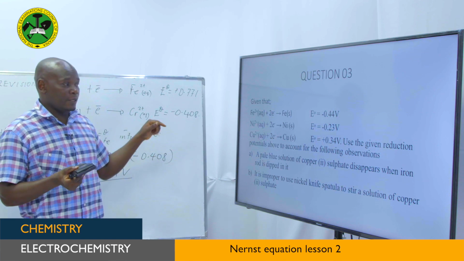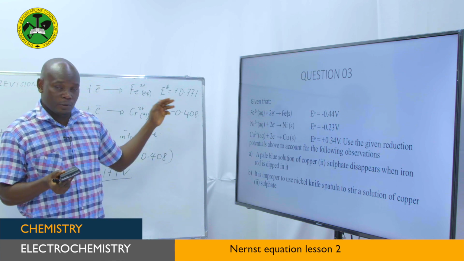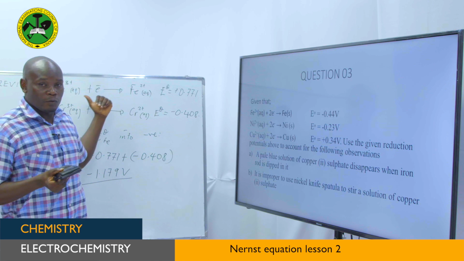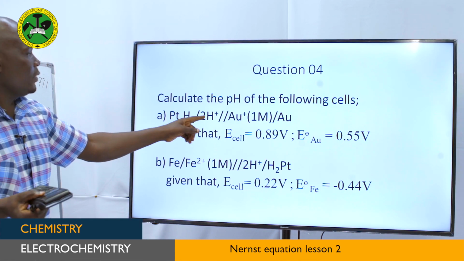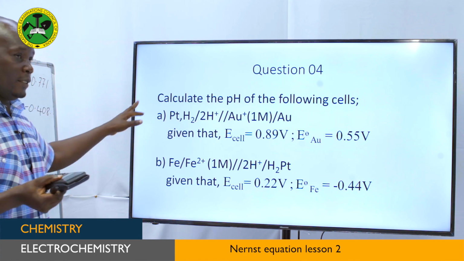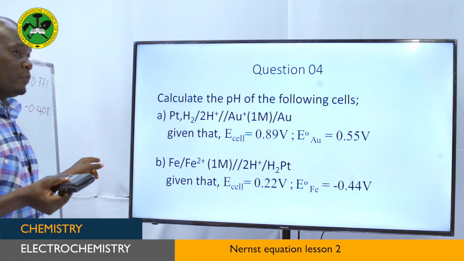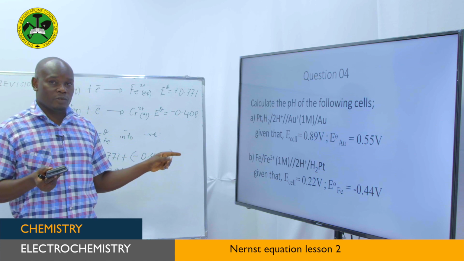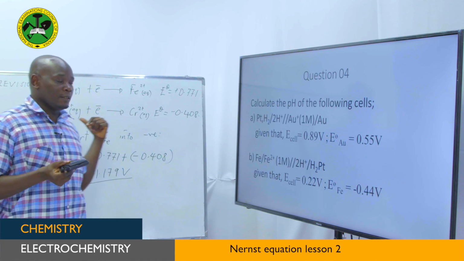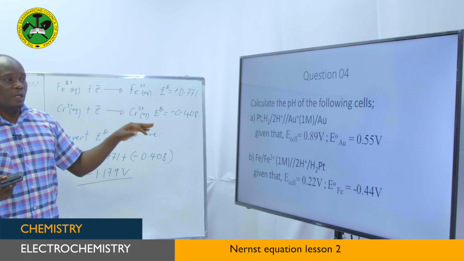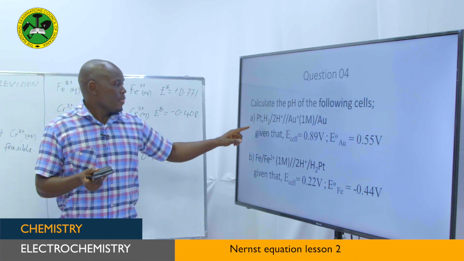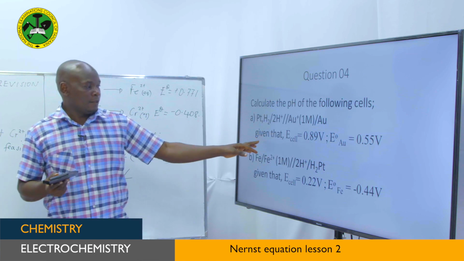Do you remember the first one that I left for you, the two parts from the example that I did. Now another question is to calculate the pH of the following cells. This is an application of standard electrode potentials that we have discussed, determining the pH of a solution without using a pH meter. Our first cell is this one.